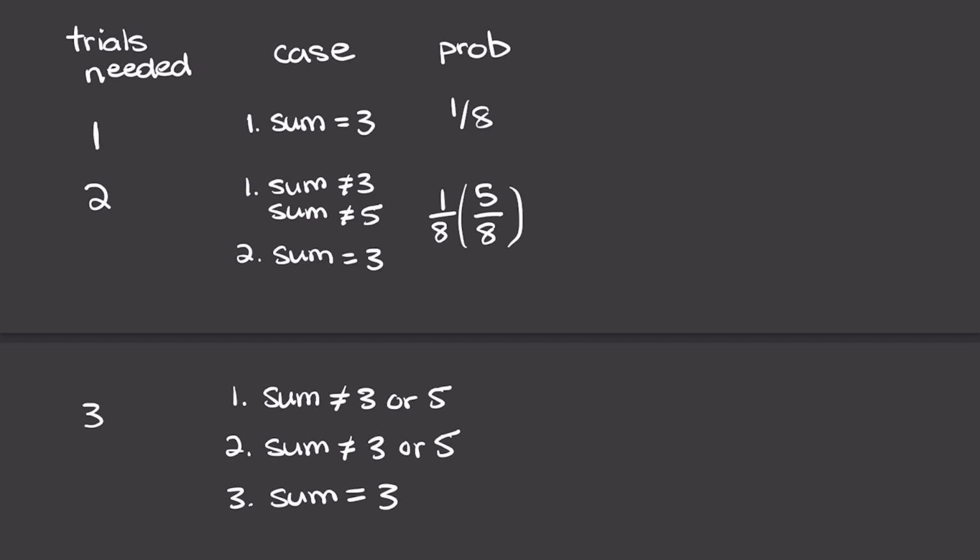The probability of this happening is 5/8 on the first 2 trials, so 5/8 squared, and then 1/8 on the last trial. Now you might be recognizing a pattern here. Every time we increase the trial, we are multiplying the probability before by an additional 5/8.